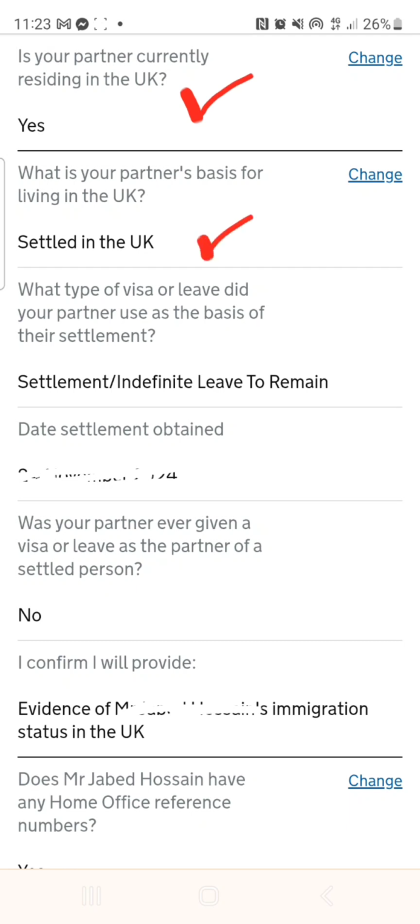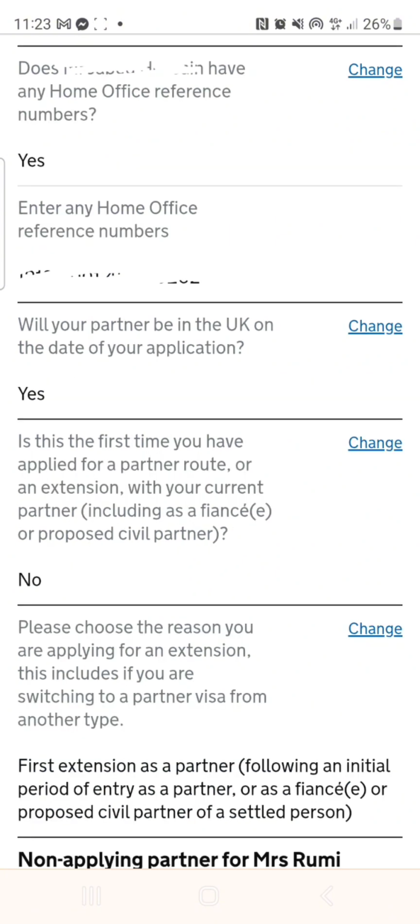Is your partner currently residing in the UK? Yes. What is your partner's basis for living in the UK? He is settled in the UK. I got indefinite leave to remain. What date obtained settlement? I'll confirm I'll provide evidence of partner immigration status in the UK. Yes.